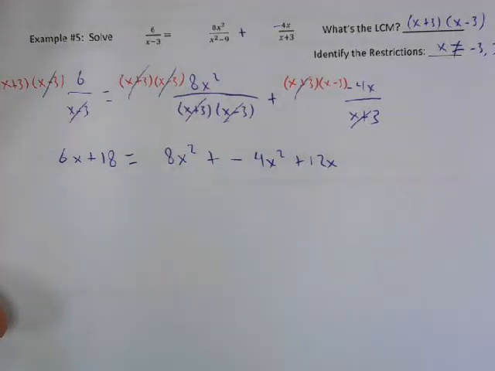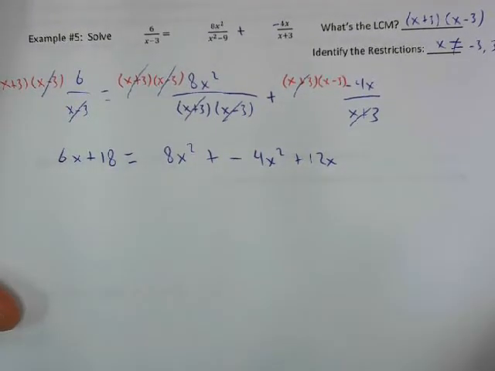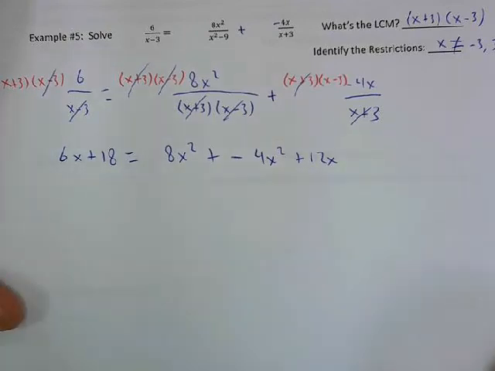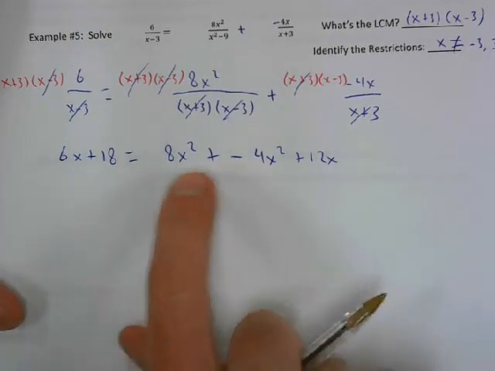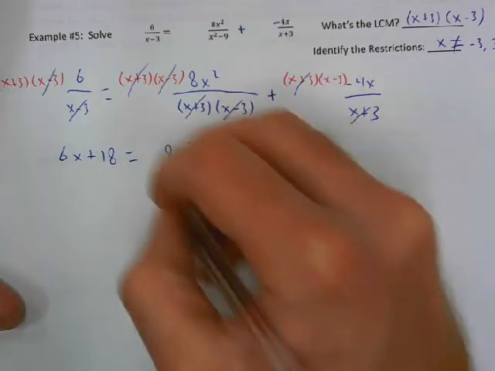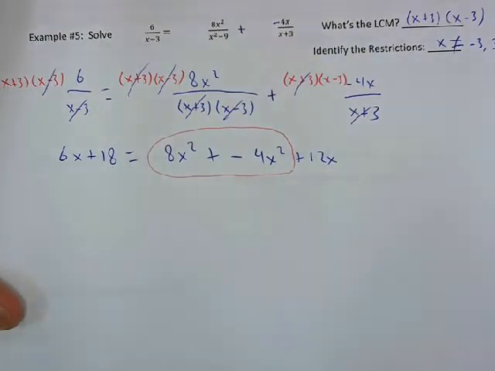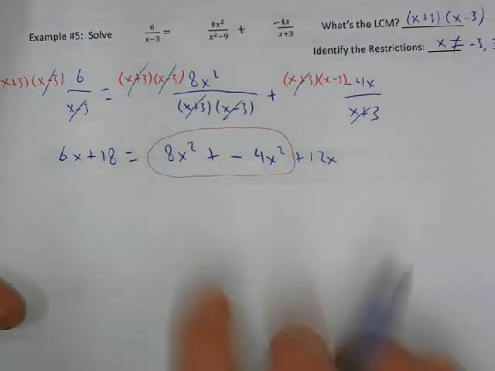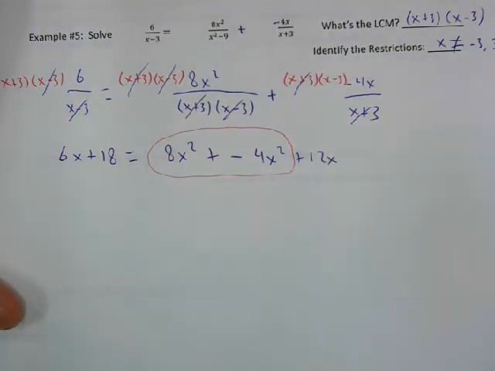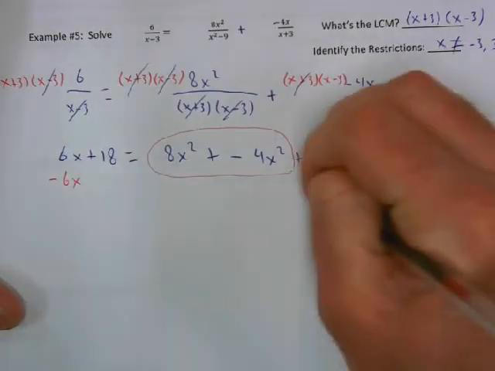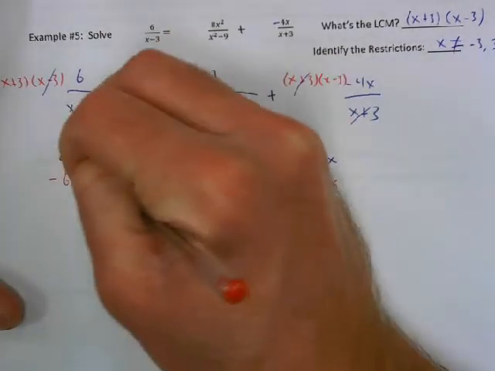All right, let's see. I want to set my equation equal to 0 since it's a quadratic equation. And let's move everything to the, actually we'll keep it on this side, because if we could just combine like terms right here, x squared plus negative 4x squared, in other words x squared minus 4x squared, we get 4x squared. So we'll leave everything on the right side of the equation. So let's bring this stuff over to the right side as well. So we want to subtract 6x from both sides and subtract 18.